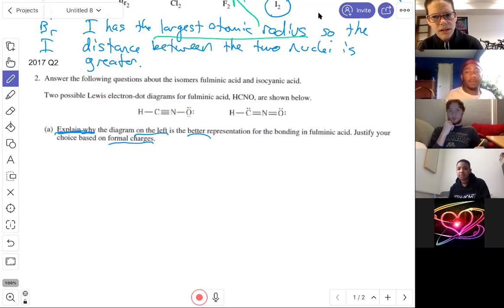Pretty sure it's individual lines. And there's also individual dots, right? Yes. Not the pair.